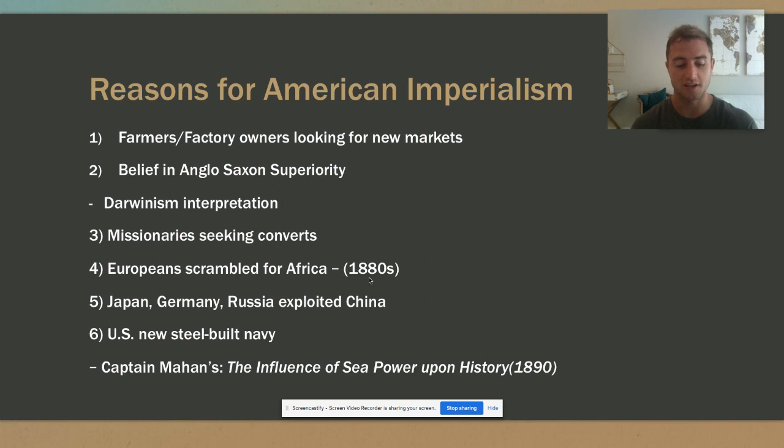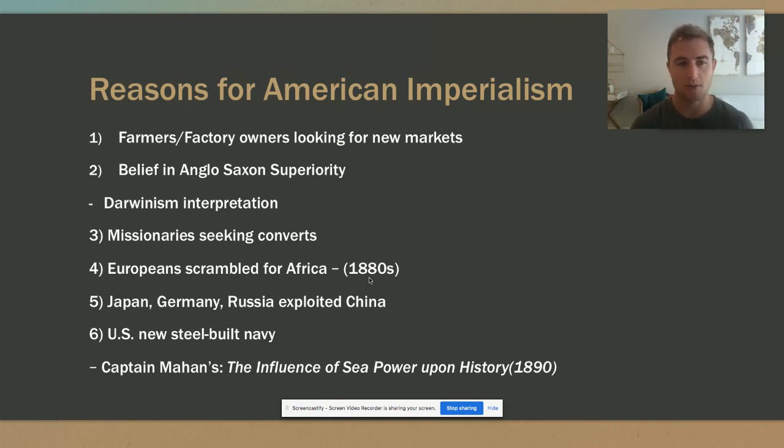And this is twisted in a scientifically racist way to suggest that Anglo-Saxons are more evolved because England and the United States went through the Industrial Revolution before other parts of the world, and therefore they are more evolved and advanced, and that therefore imperialism is only spreading, quote, more of the best, that idea.